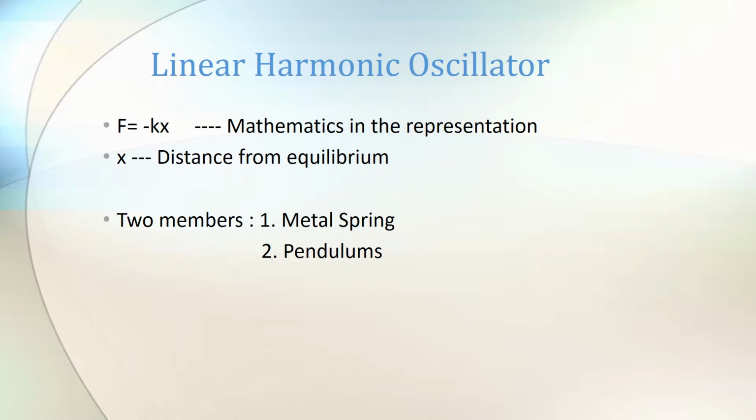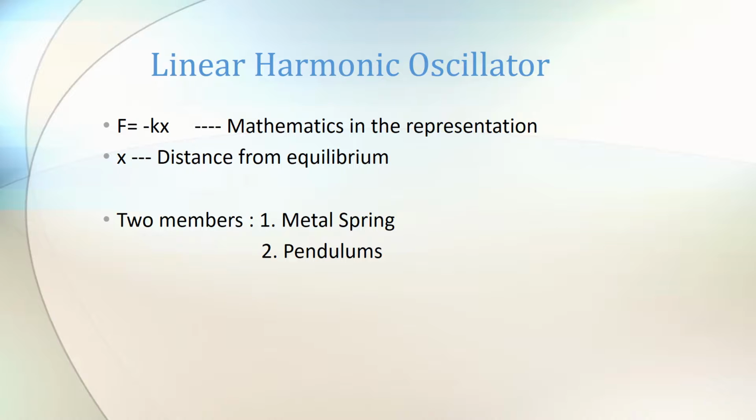An easy example of abstract varying representation is the linear harmonic oscillator model. The linear harmonic oscillator model is from classical mechanics. It is a system that, when displaced from its equilibrium position, experiences a restoring force proportional to the displacement x.